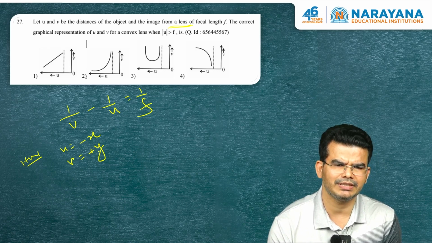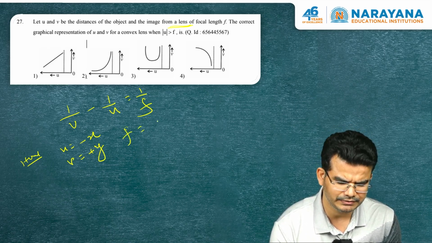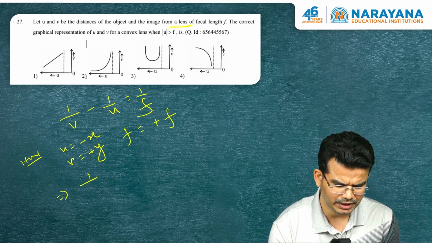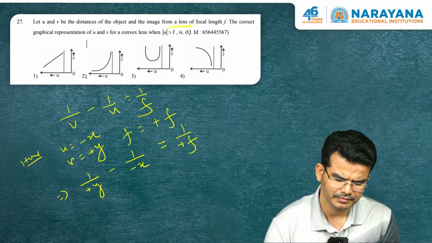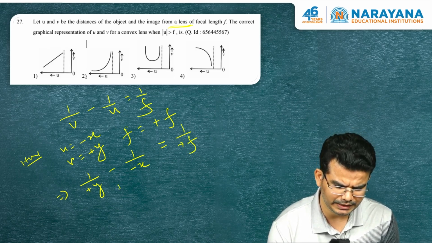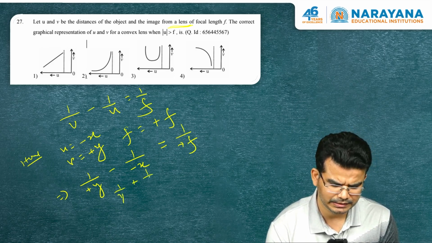The real image is on the other side of the lens, so v is positive, and the focal length for a convex lens is plus f. Putting these values, we get 1/y plus 1/x equals 1/f.